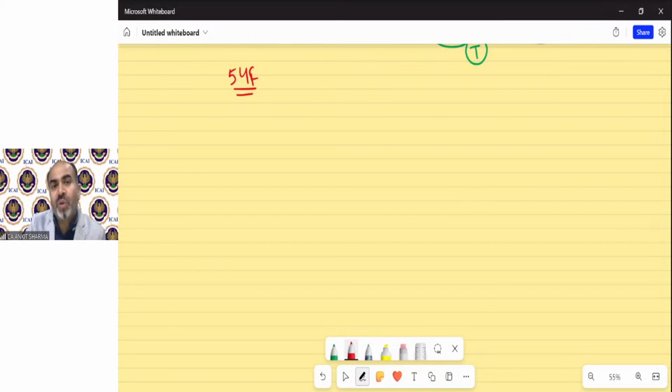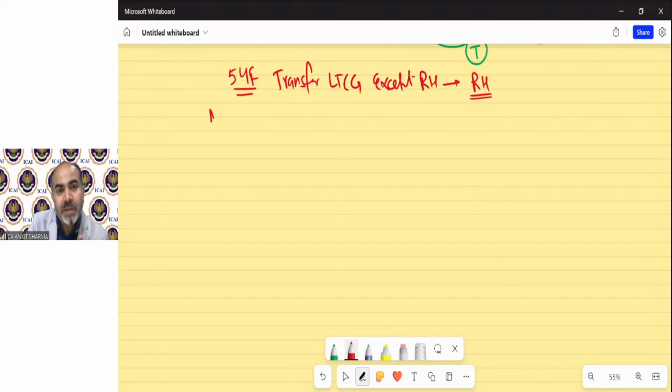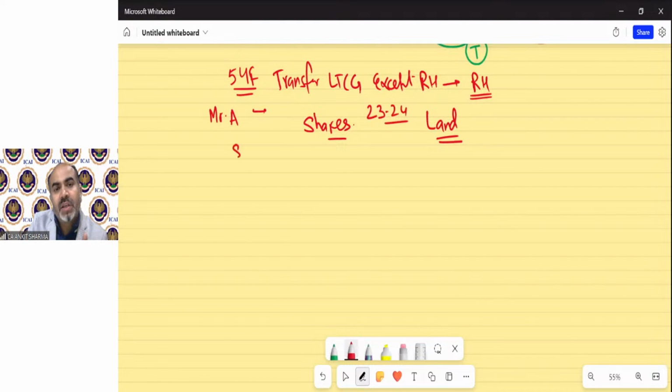Section 54F, you can transfer any long-term capital asset except residential house, and you have to invest in the residential house. Now, see, suppose Mr. A transferred his shares and land in the same financial year 23-24. The sale consideration from shares was 101 lakh.